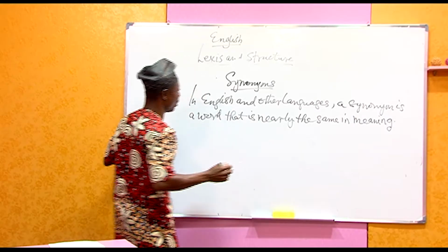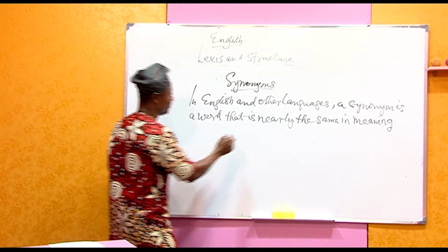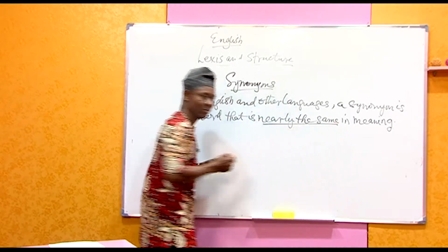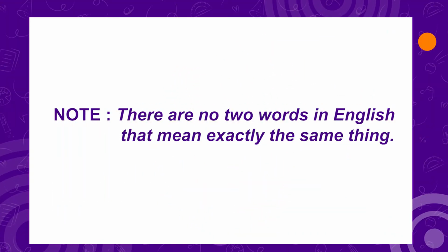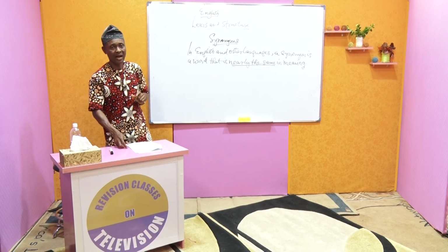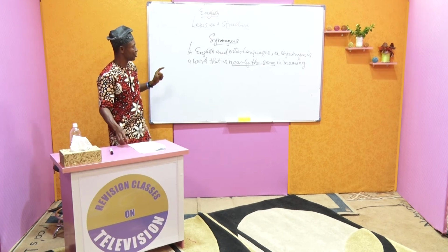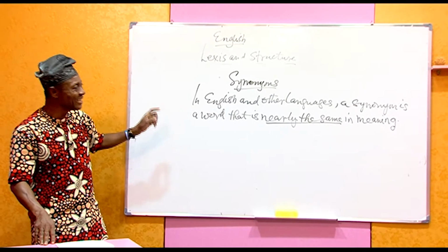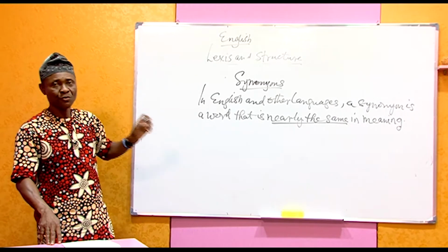Please take note of this expression, nearly the same. There are no two words in English that mean exactly the same thing. That is why students have to be careful with that instruction: words that are nearly the same in meaning.